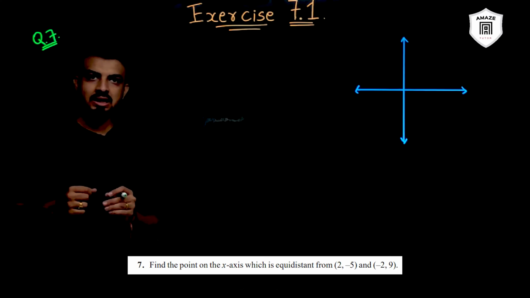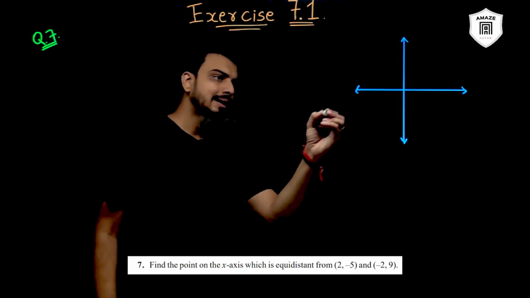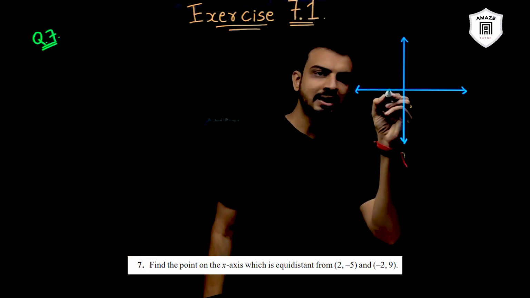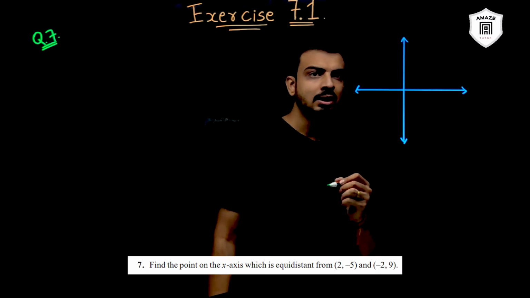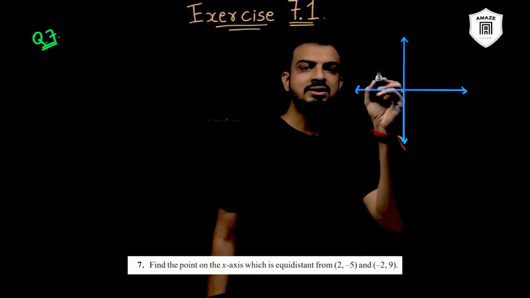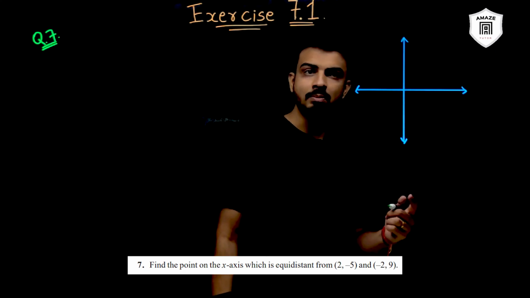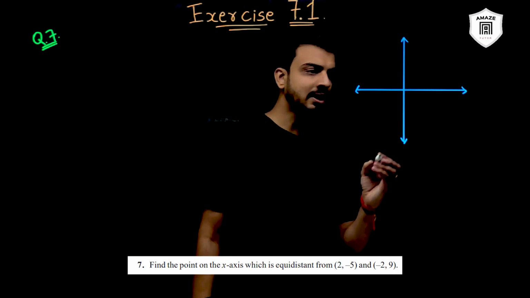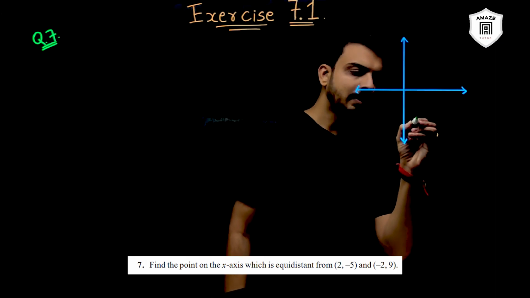So basically our aim is to find a point on the x-axis, which we are supposed to find. Okay, what is the condition given? That point is equidistant. Equidistance means at equal distance from which points? 2, minus 5. So 2, minus 5 is somewhere here.